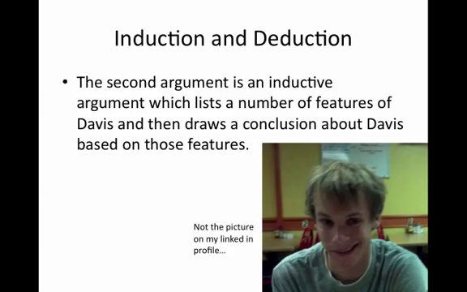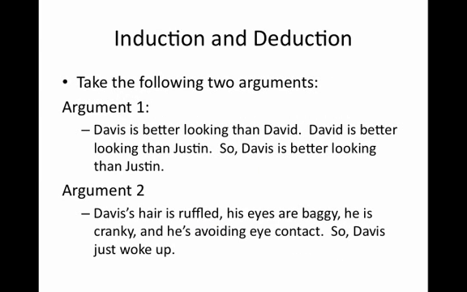Let's go back. This first argument, if it's true that Davis is better looking than David, and if it's true that David's better looking than Justin, then, since better looking than is a transitive relation, it's 100% true that Davis is better looking than Justin. On the other hand, even if it's true that Davis's hair is ruffled, his eyes are baggy, and he's cranky, and he's avoiding eye contact, it's probably true that Davis just woke up, but there's other things that you could also conclude from it.